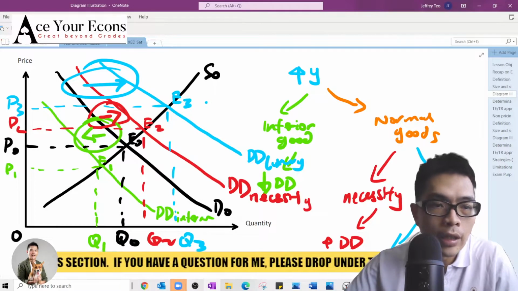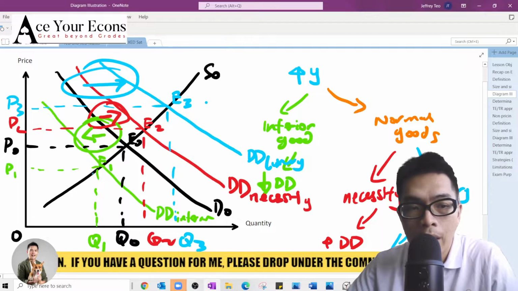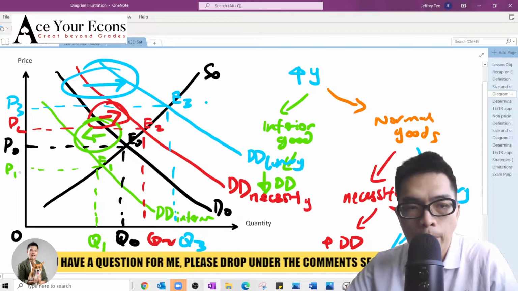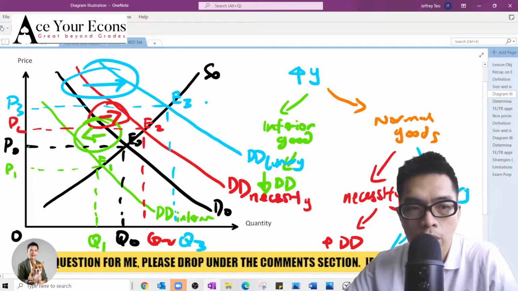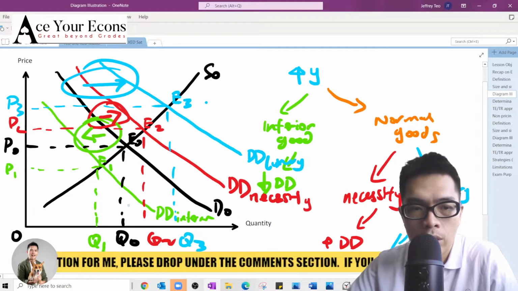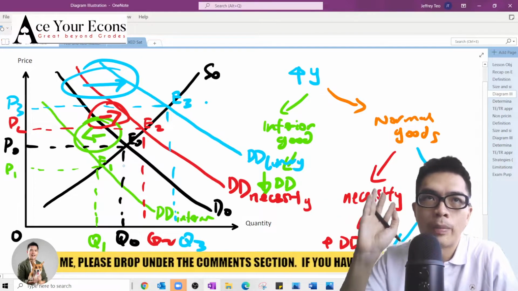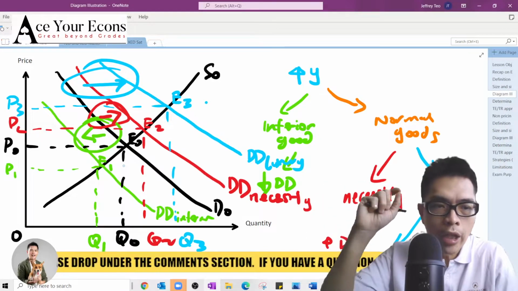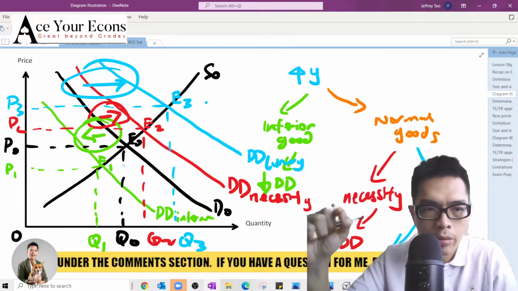Okay, with a rise in household income, demand will go down. And when demand goes down, your expenditure is 0, P1, E1, Q1. Initially it was 0, P0, E0, Q0. So all you need to do is to reference the initial black 4 points. With a fall in demand, your expenditure becomes 0, P1, E1, Q1.